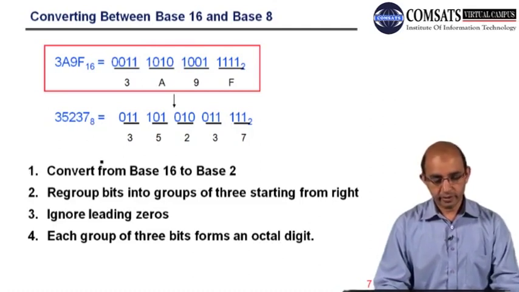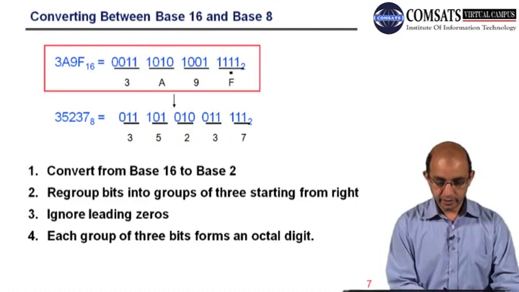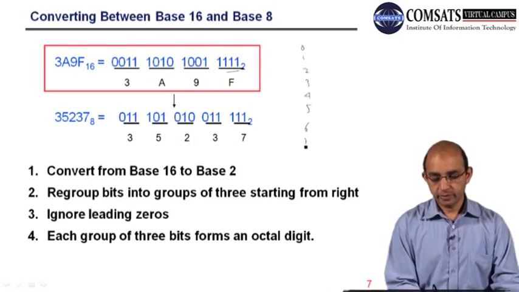Here they have done something else: we group those bits in 3s, because for the octal number system, let me write it down here: 000 is 0, 001 is 1, 010 is 2, 011 is 3. Then we have 100 for 4, 101 for 5, 110 for 6, and 111 for 7.